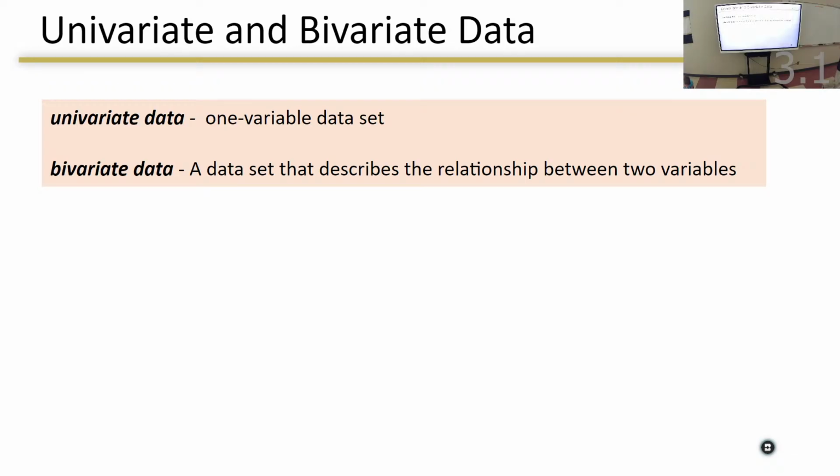We don't deal with more than 2 variables in AP Stats. It starts to become a pretty big deal if you start getting into more variables than just the 2. So that's what we got. Here we go. So univariate, bivariate data. So kind of keep your head wrapped around that throughout this entire chapter, okay? Bivariate data, 2 variables, okay?